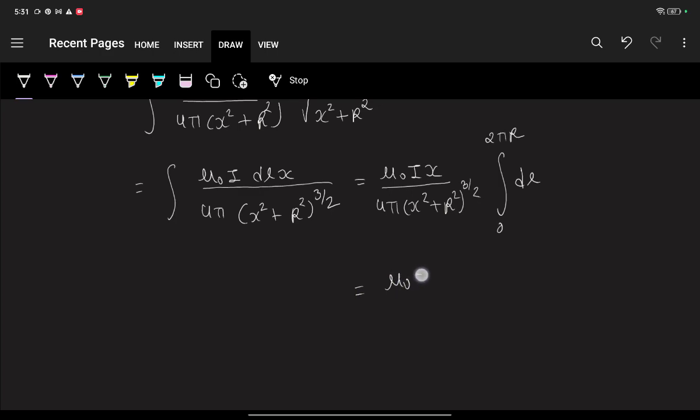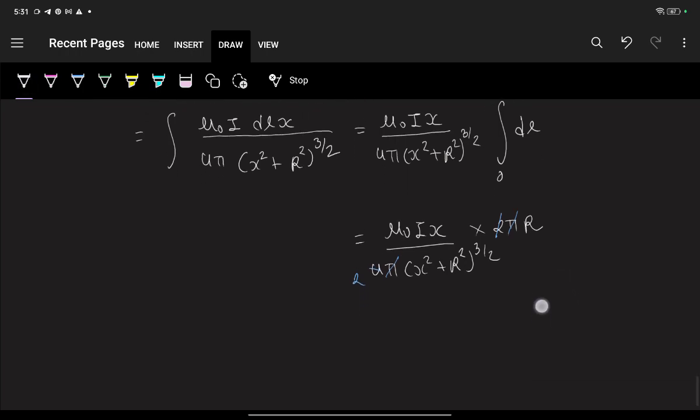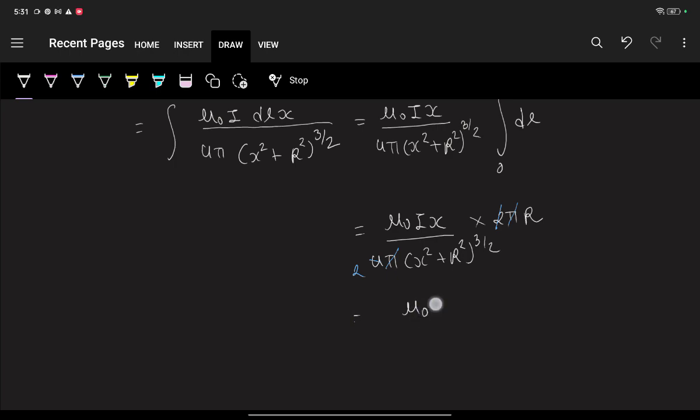It is simply L, right? So you'll get 2 pi r. Yes, sir. Now this pi will get cancelled out, and 2 2s are 4. So we will get mu naught I x r upon 2 into x square plus r square raised to 3 by 2. That is what we are getting.